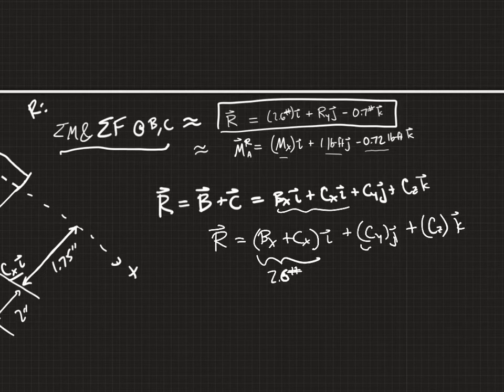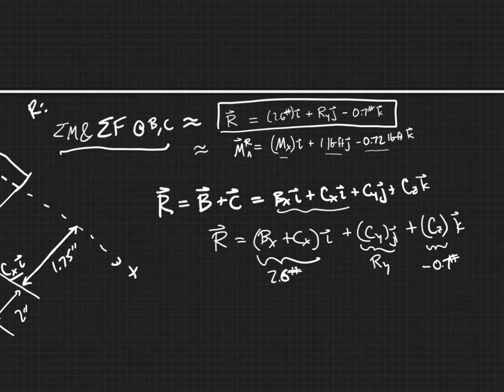Cy, well, that's just Ry. And Cz is negative 0.7 pounds. Okay, so that's pretty helpful, right?